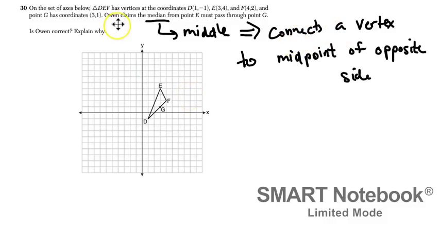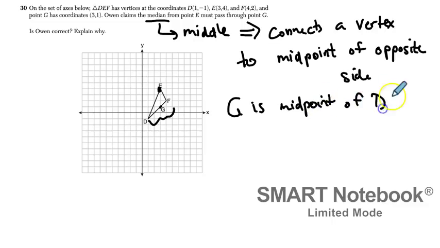So if we want the median from point E, then it would have to connect E to the midpoint of the opposite side, which is DF. So we want the median to pass through the midpoint of DF. Since Owen's claiming that it passes through G, Owen's claim is really that G is the midpoint. So we want to tell Owen whether or not he's right. Is G the midpoint?